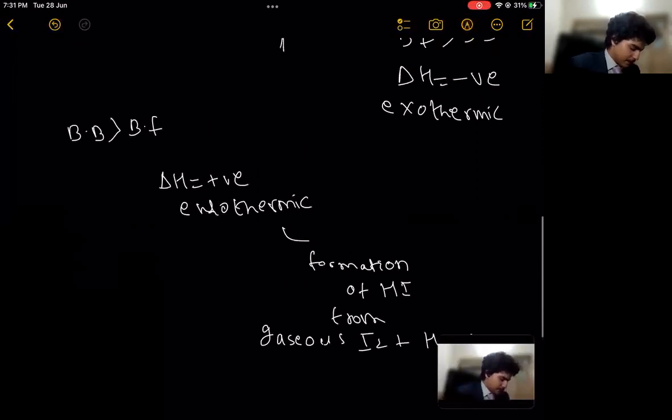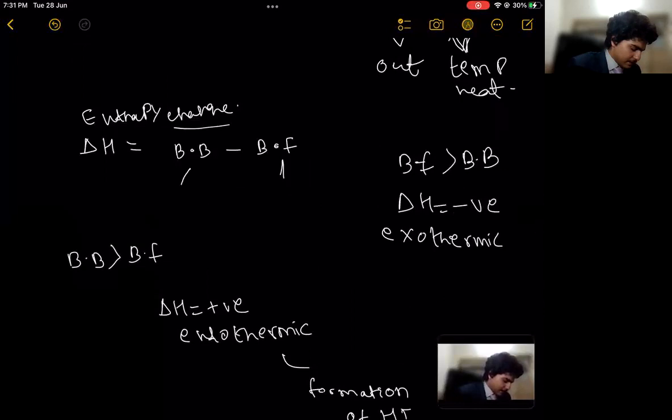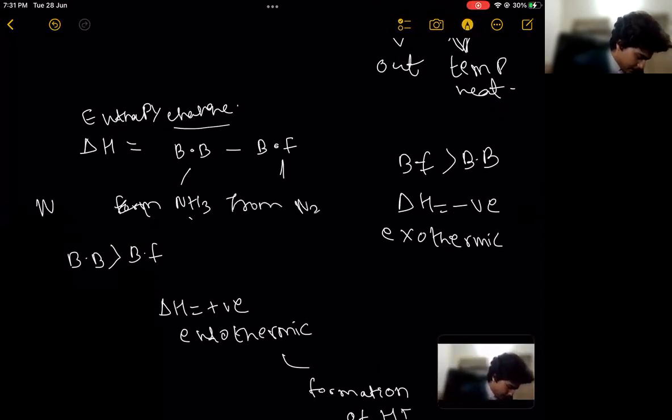This is endothermic. Okay, and an example for an exothermic reaction, like I told you before, is formation of ammonia from nitrogen and hydrogen gas.